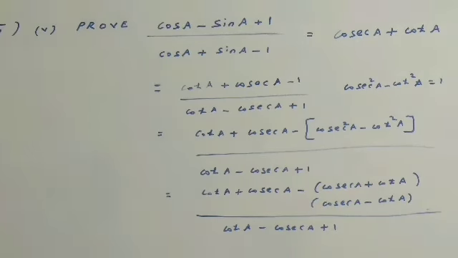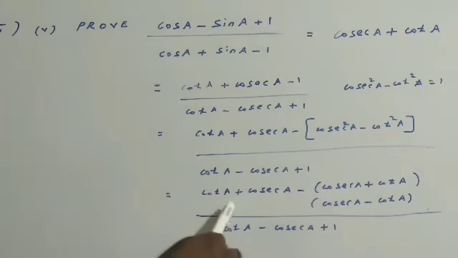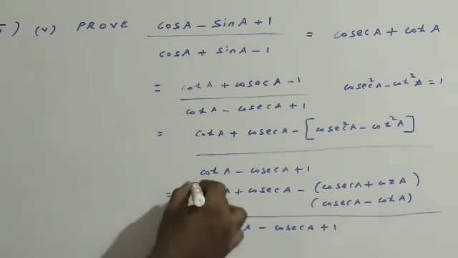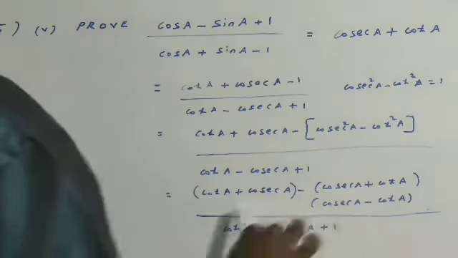Now listen carefully. In the bracket we have cot A plus cosecant A. Here also we have cot A plus cosecant A. So we can take cot A plus cosecant A common from these two terms.